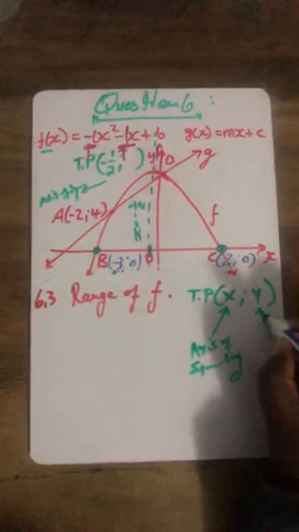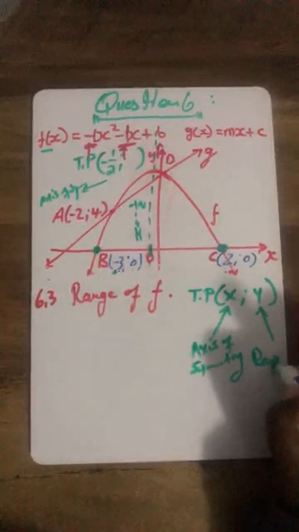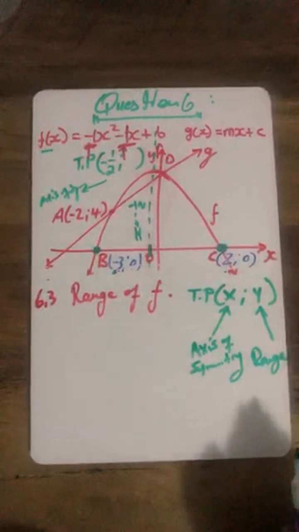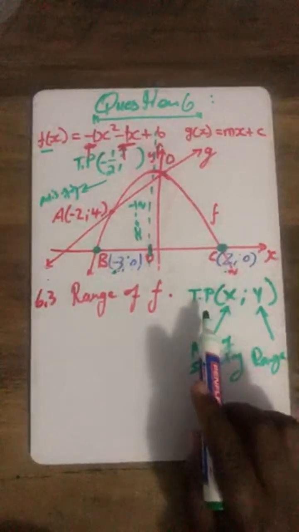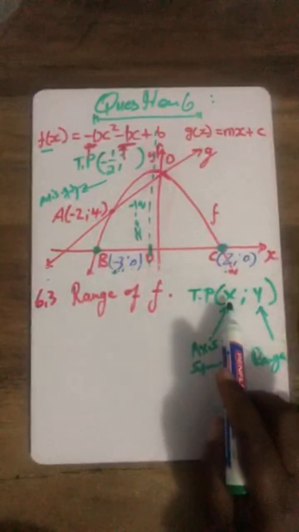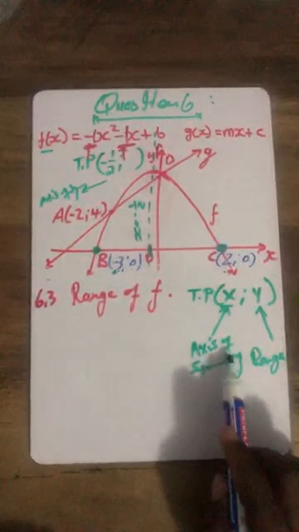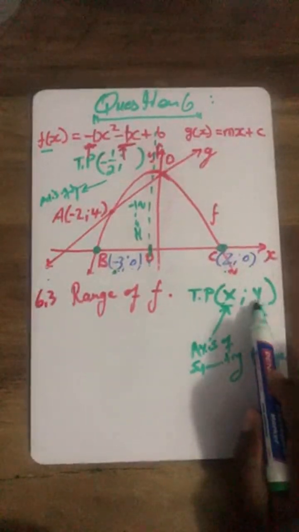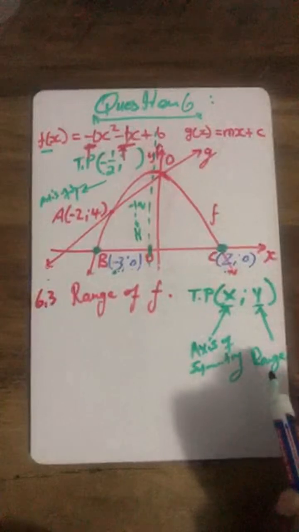The y value will help you to get the range. So you must know that every time you determine the turning point, your x value is your axis of symmetry, and your y value helps you to find the range.